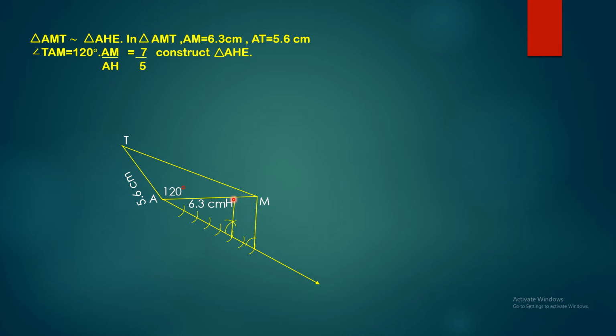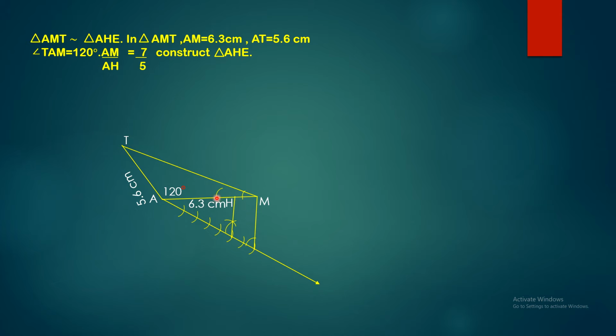We have to do the same procedure at point H. That means we have to make a congruent angle, congruent to angle M. So with the help of compass, draw one arc from point M. With the same distance from point H, draw another arc. Then again take the width of this arc.